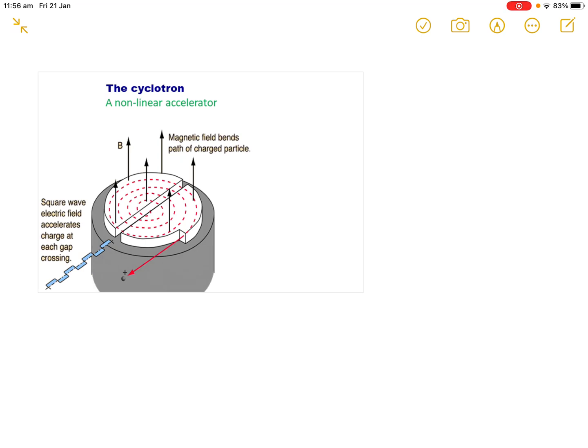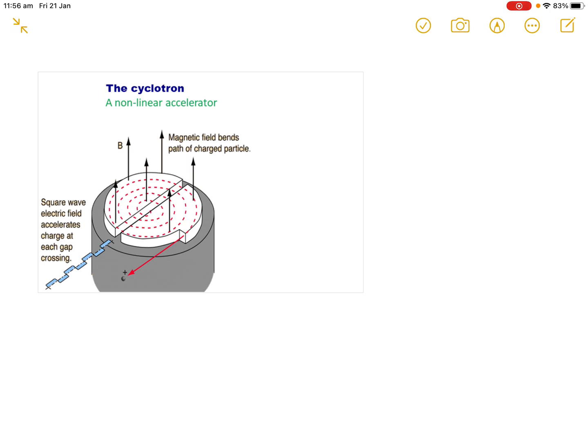So it comes round in the right-hand D at a bigger radius of curvature than it did when it was in the left-hand D. And then when it gets round to the gap again in the right-hand D, it's made to be attracted across the gap by the alternating current, which again is timed and synchronized to make sure we're always attracting it across the gap. And that makes it go even faster. So every time it goes round a half circle and goes across the gap, its radius increases.